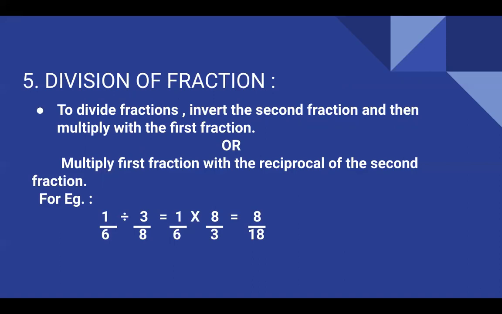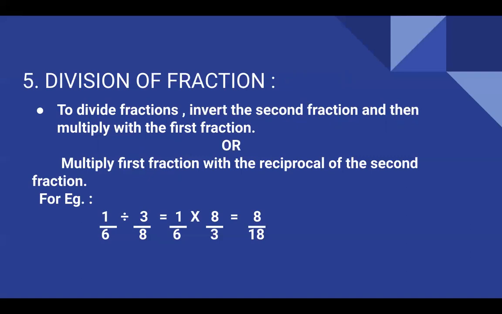So when you make it reverse, the division sign gets converted into a multiplication sign. So what will you get? See the example. 1 upon 6 divided by 3 upon 8. So what do we have to do? You have to take the reciprocal of the second fraction, or invert the second fraction. Reciprocal means you have to make it into the reverse form.